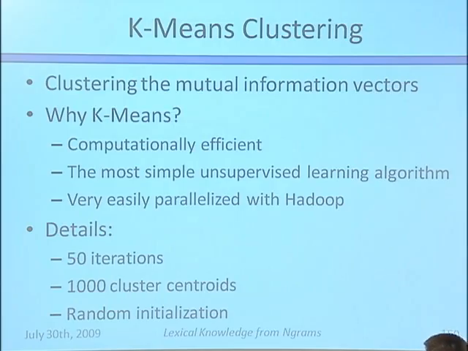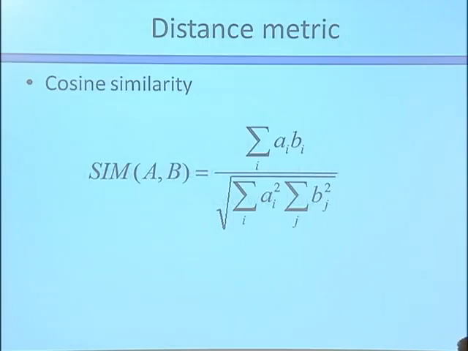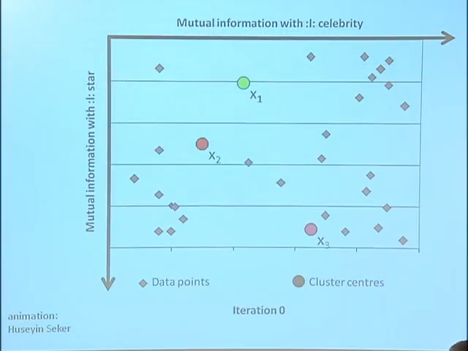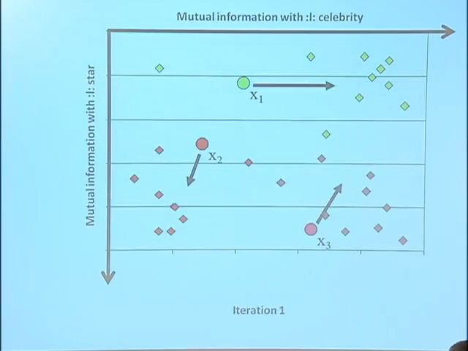So we just did 50 iterations, and we chose 1,000 random data points as the starting point for the k-means. As a distance metric, we used cosine similarity, which is just the cosine of the angle between the two feature vectors, and this is the formula for that. I'm not going through the animation for k-means clustering, as I'm assuming everybody knows that.